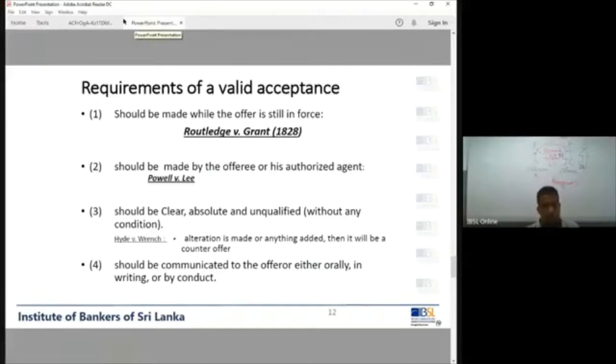All the conditions that you have put, I accept. Then absolute means that is the last decision of the offeree. So there's no room for the offeree to reconsider the acceptance. That is absolute, final decision.